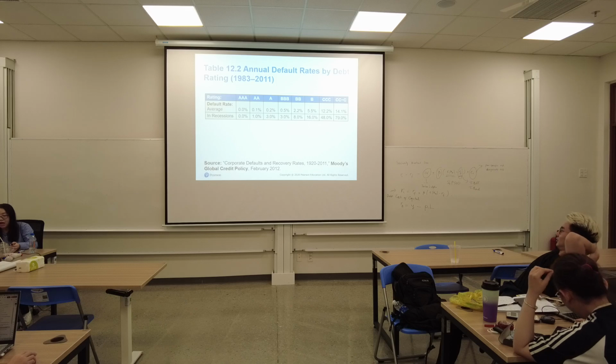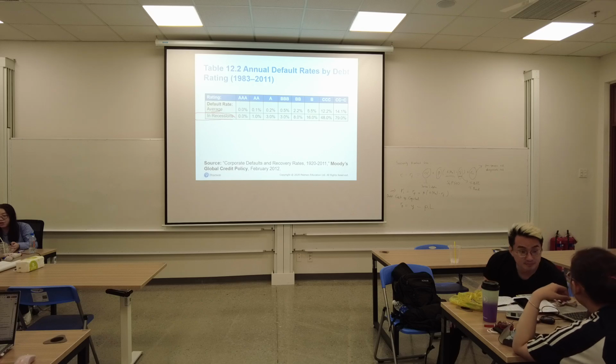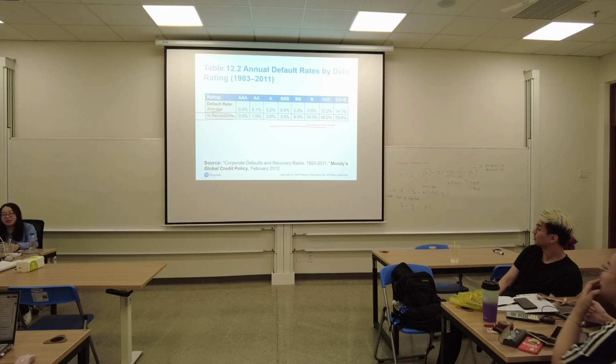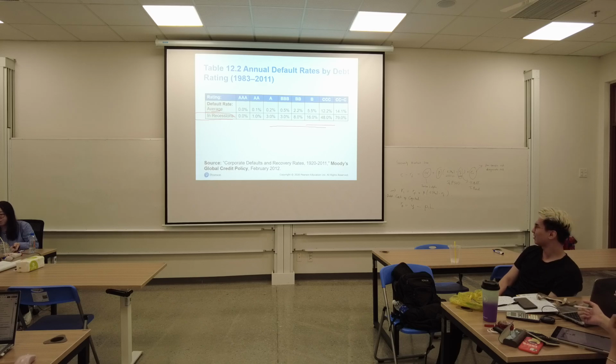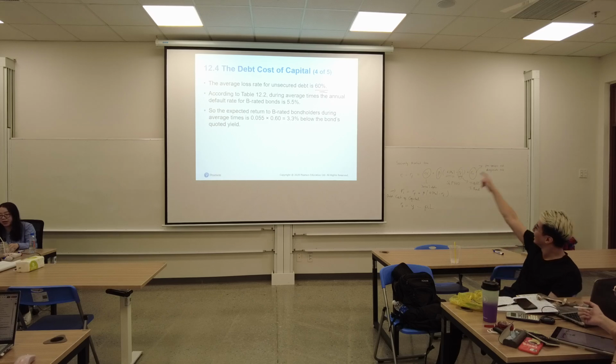This is on average, and in a recession you will see that the default rate is much higher than in the normal business period. The average loss rate for unsecured debt is 60%. During the average time, the annual default rate for B rated is 5.5%.